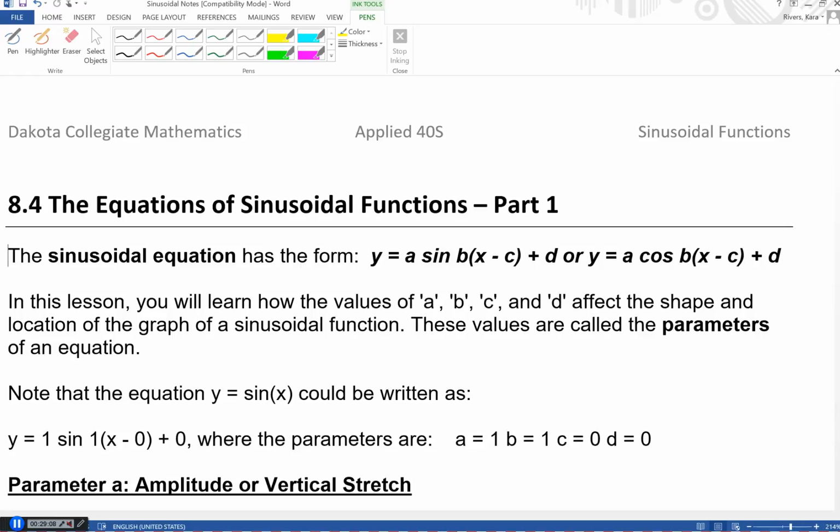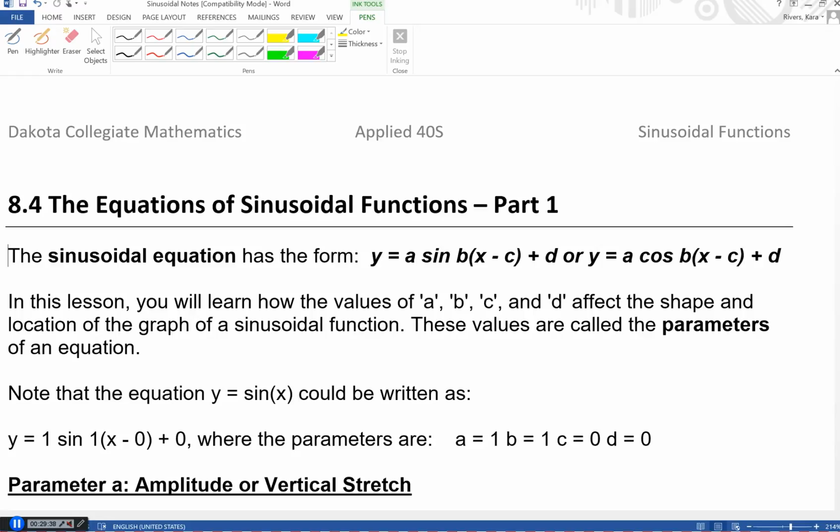One, y = a sin(b(x - c)) + d, and then our cosine one, y = a cos(b(x - c)) + d. So now that we know that a is our amplitude, and if it's negative, it flips our graph over, we know that b is what's going to compress or stretch our graph, c is our phase change, or our horizontal shift left to right, and then d is our vertical shift where we're moving ourselves up and down.